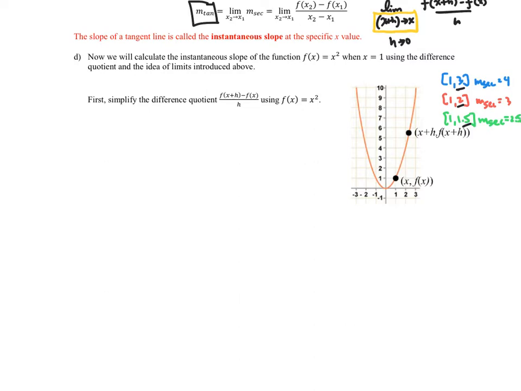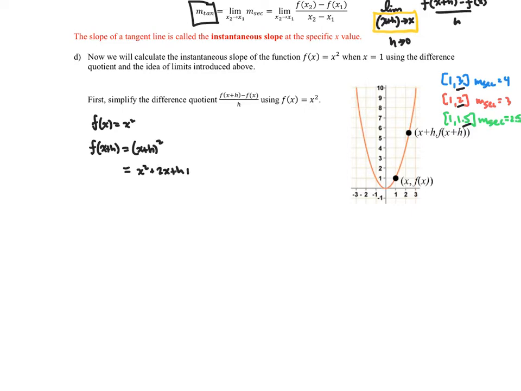So the first thing I'm going to do is simplify the difference quotient for f of x equals x squared. First, I like to do this, just preference. f of x equals x squared. f of x plus h is x plus h quantity squared. I like to do this and lay it out first so I don't goof up the algebra.